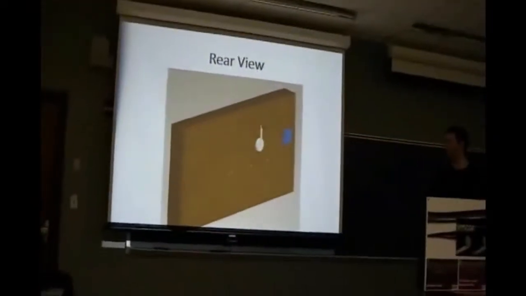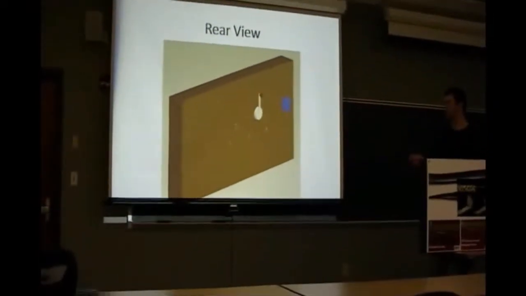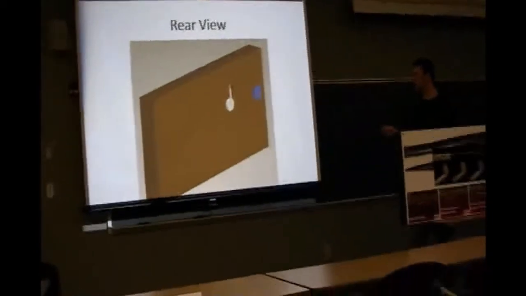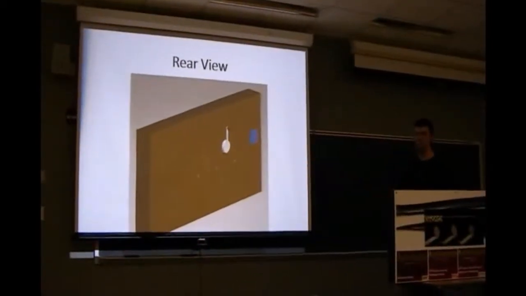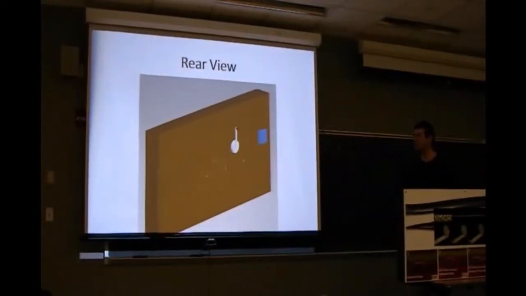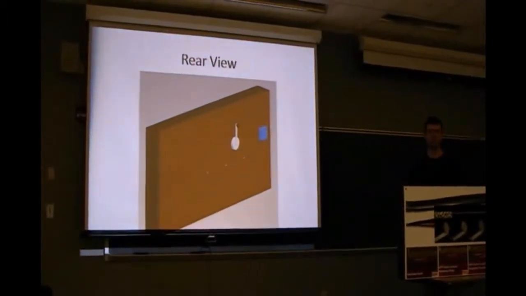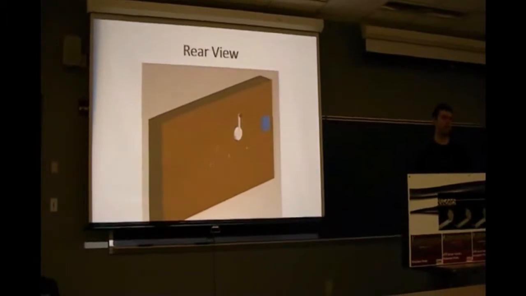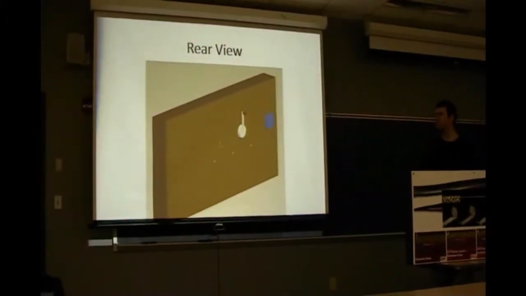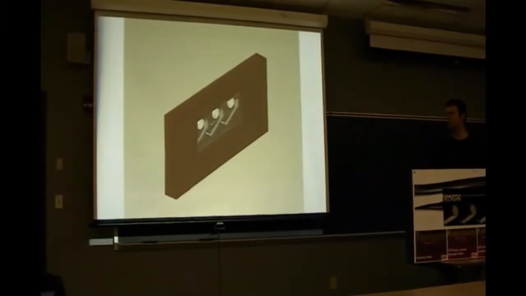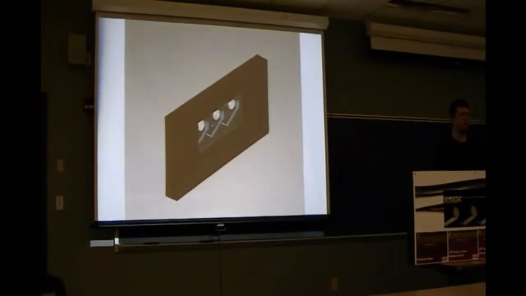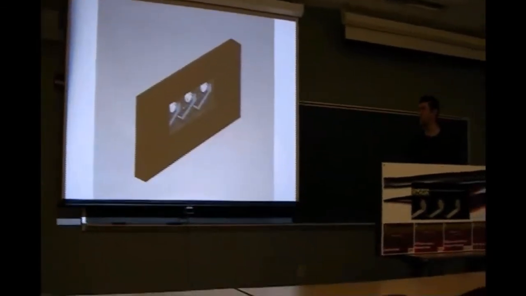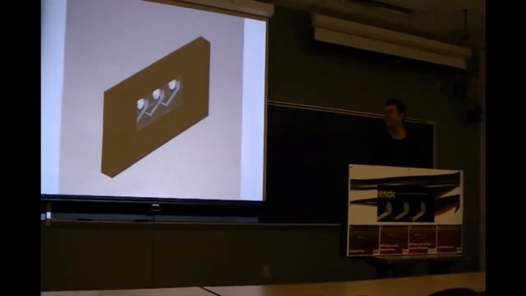Looking from the back, we have a handle that we machined out, as well as the battery pack for easy access, and then the on-off switch. So it's fairly easy to operate and requires very little maintenance. If you just want to hand it off to somebody, let them take it out and give it a spin. So that's essentially most of the mechanical components there. If you have any questions or anything else, this would be a good time.